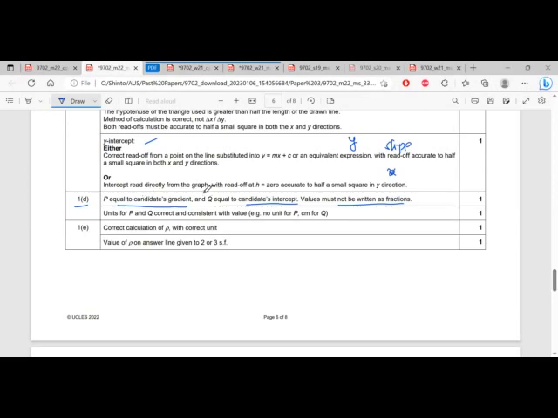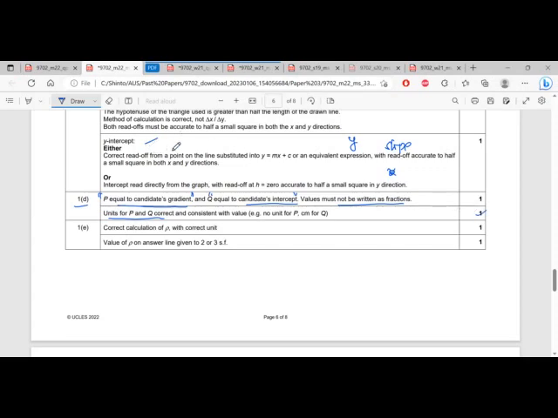You're not supposed to do any additional calculation or bring any new equation to the table. You just copy it: P equals candidate's gradient or Q equals candidate's intercept. This is from a totally different question paper. These values should be decimals, not fractions. As for P and Q, the unit carries 1 mark.